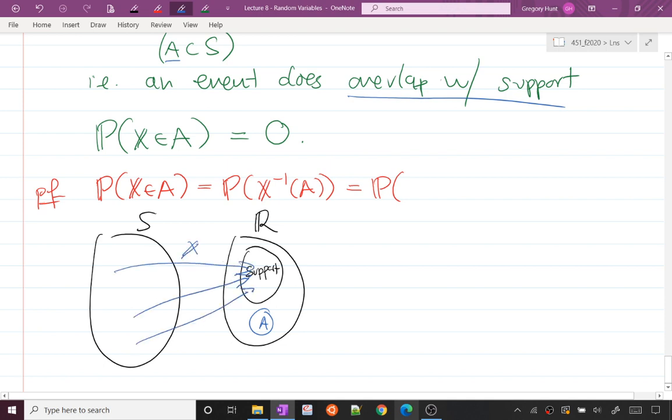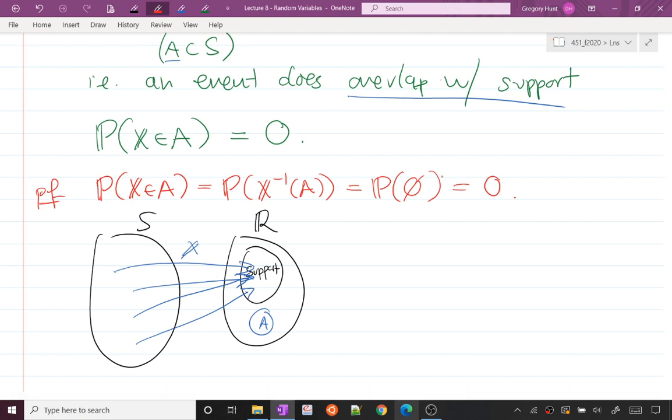Anything in S maps into the support by definition. So what things in S map to A? None. The inverse image is the empty set, which we know by basic rules of probability has 0 probability. So we've made a chain back from talking about random variables being in sets, in parts of the real line, to the basic facts we talked about at length.